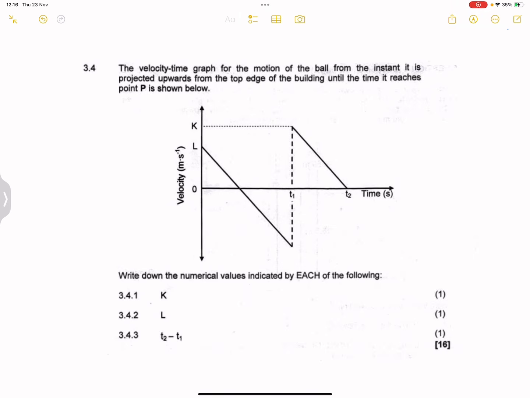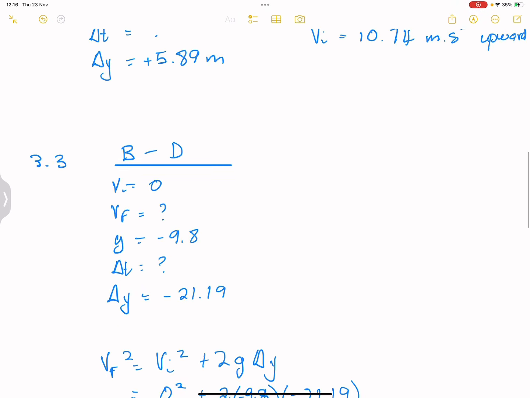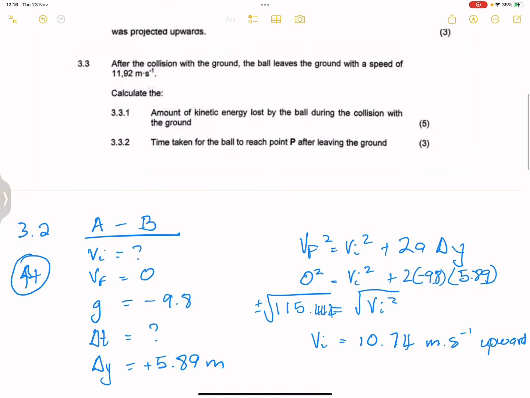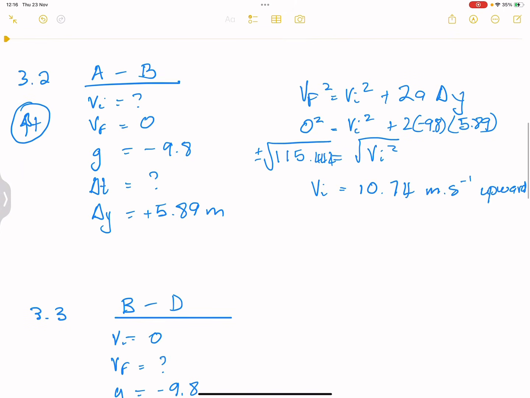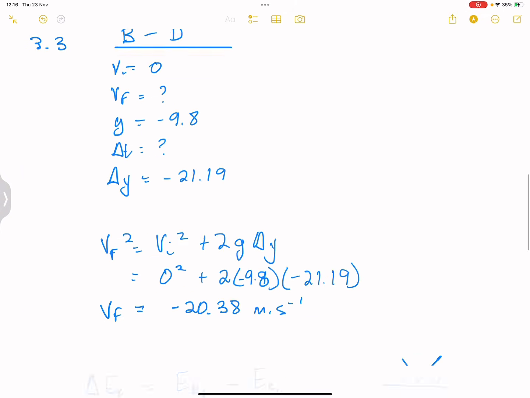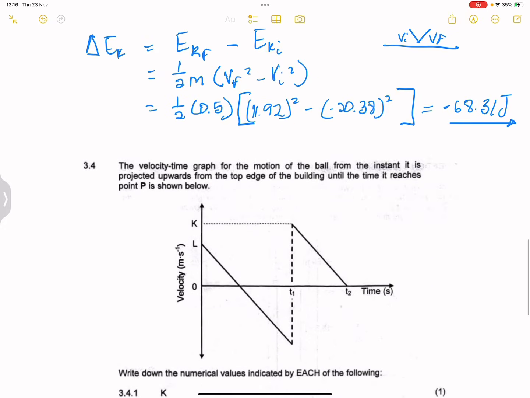So let me start with L. This would be the initial velocity of the ball. What was that initial velocity? We found it to be 10.74, so this value here would be 10.74.